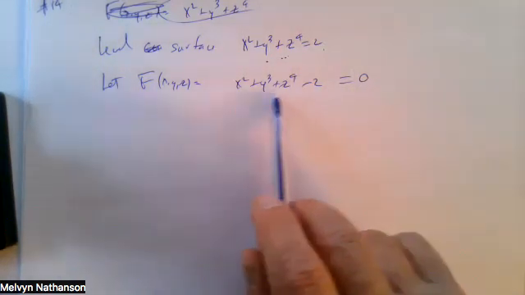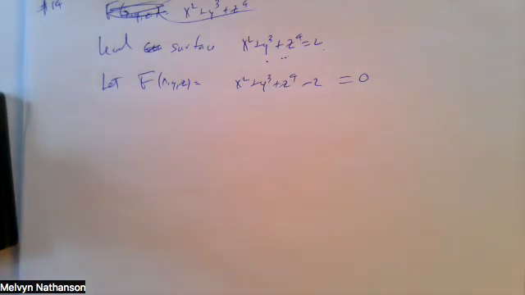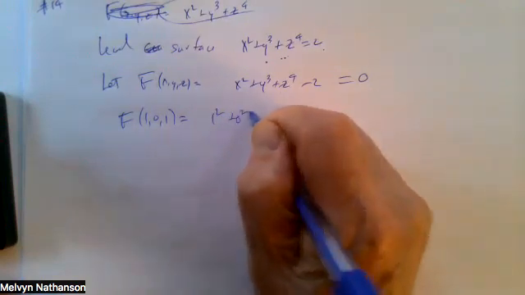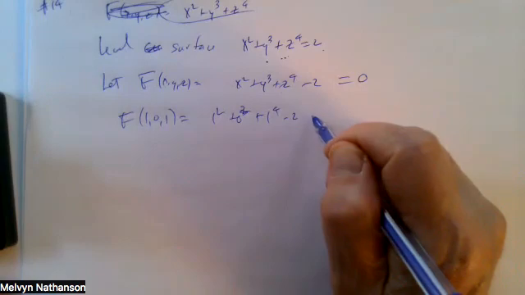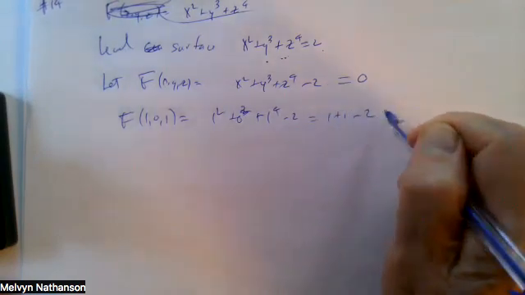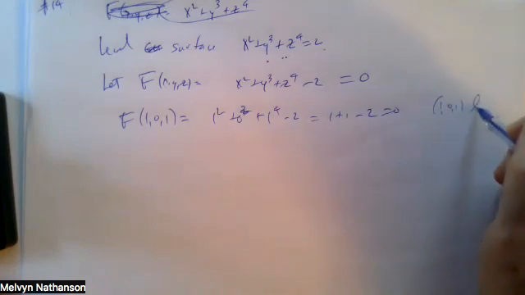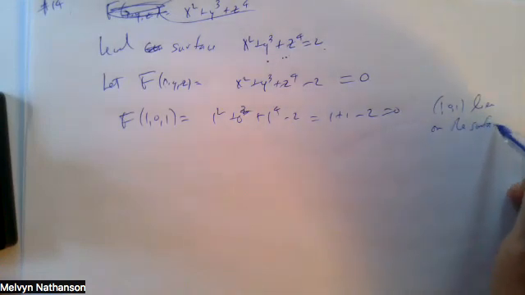Then you have this function of three variables, x squared plus y cubed plus z to the fourth minus 2 equals 0. And if we compute F of 1, 0, 1, that's 1 squared plus 0 cubed plus 1 to the fourth minus 2, which is 1 plus 1 minus 2, which is 0. So 1, 0, 1 lies on the surface.